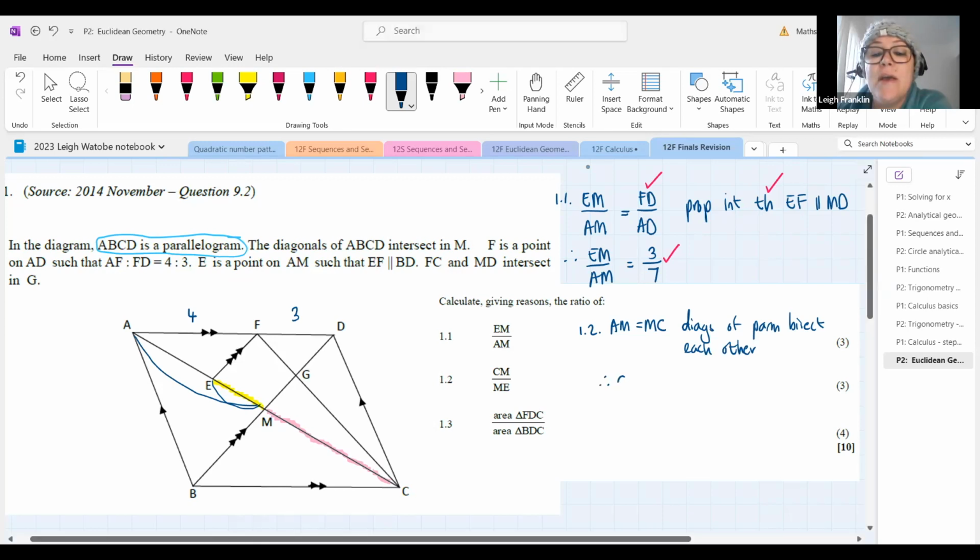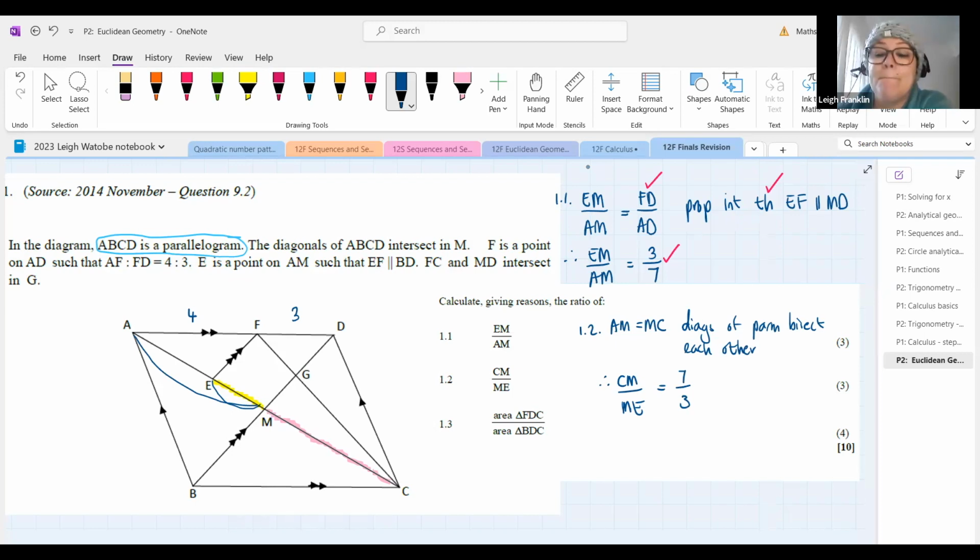So that means that CM over ME is going to be 7 over 3. Okay, so here the marks are for AM equals MC, the diagonals of a parallelogram bisect, and then for your answer. Is everybody happy with that? Yes, okay. All right, thanks Tristan, thanks Lebogang.